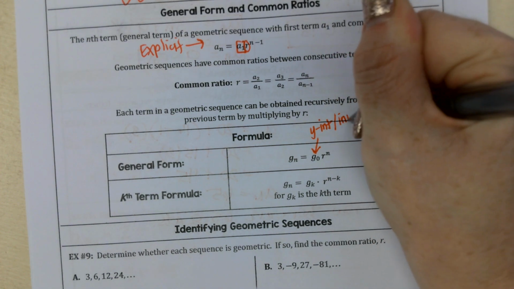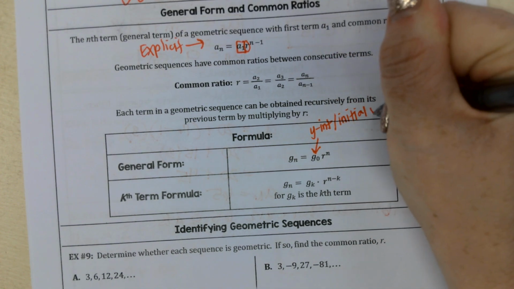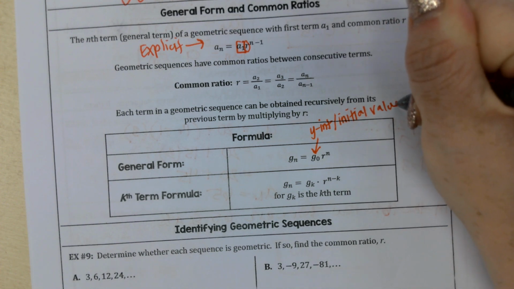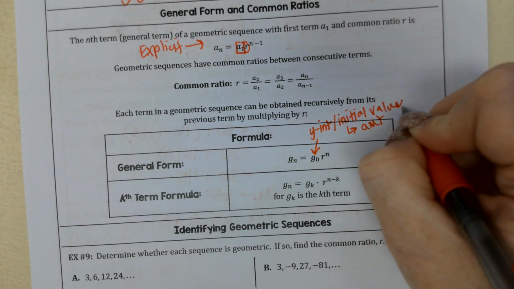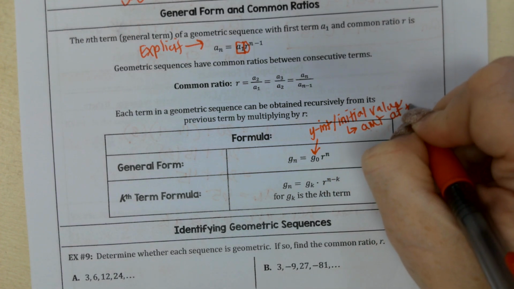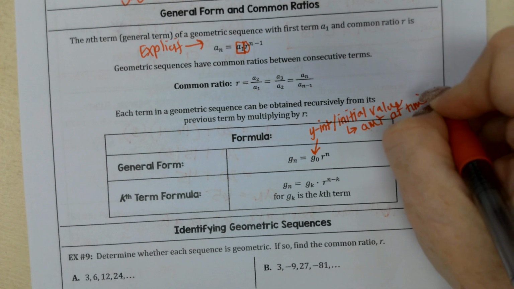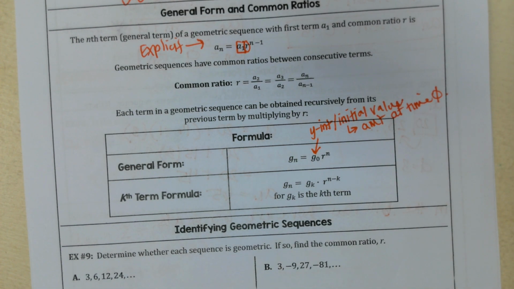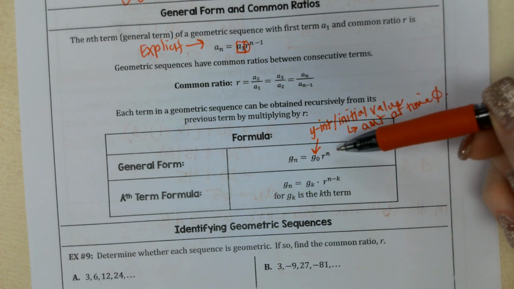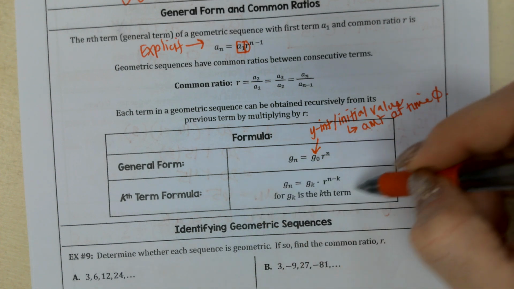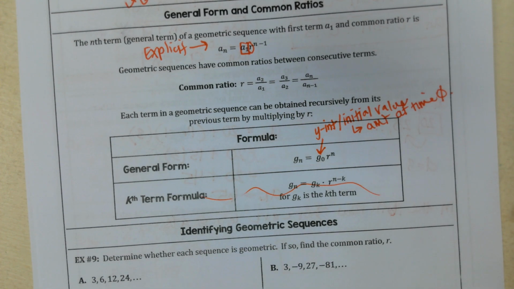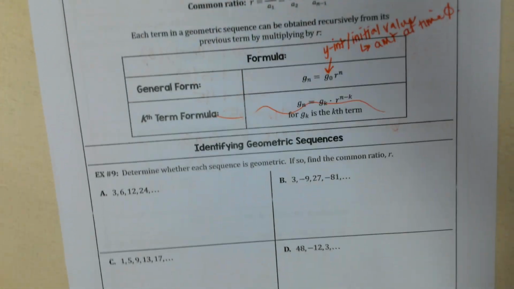In real-world problems, we might call this our initial value, which is the amount at time 0. Notice in this formula you don't have the n - 1, okay? Don't worry about this. Okay, we're just going to use our old school Algebra 1 stuff.